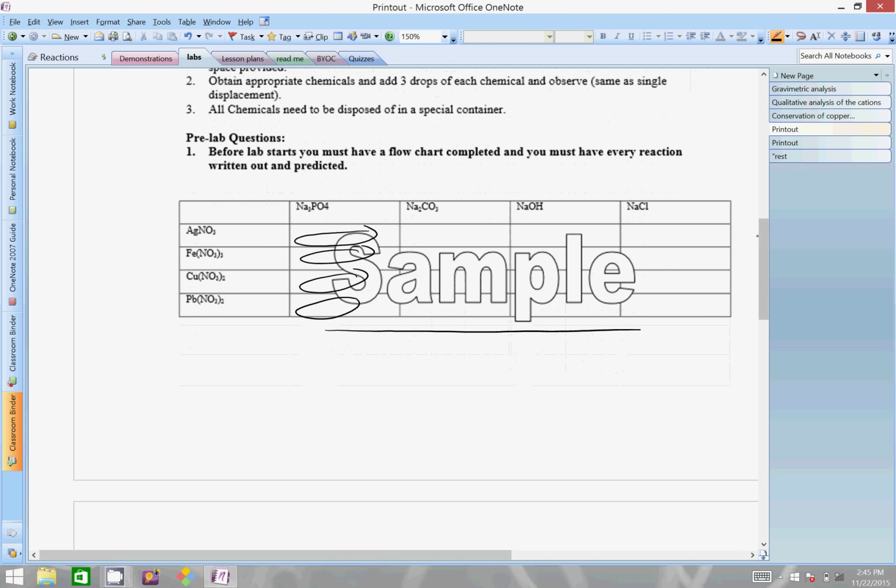I'm going to do the first column here, and it's going to be AgNO3 plus Na3PO4, and the predicted products of this would be Ag3PO4, which is Ag plus 1 and PO4 minus 3, plus NaNO3.